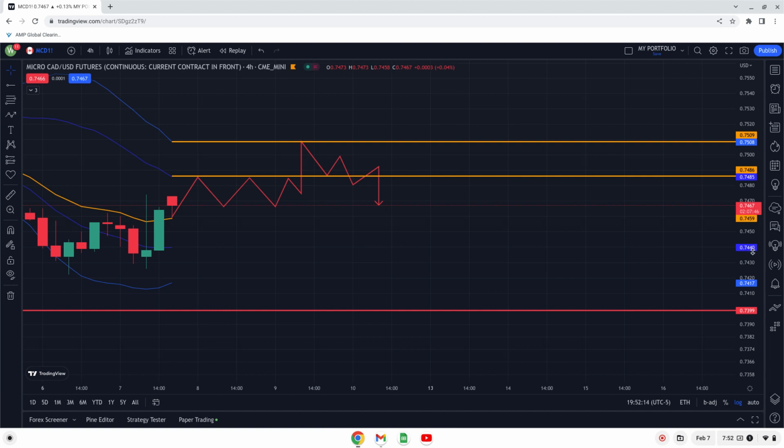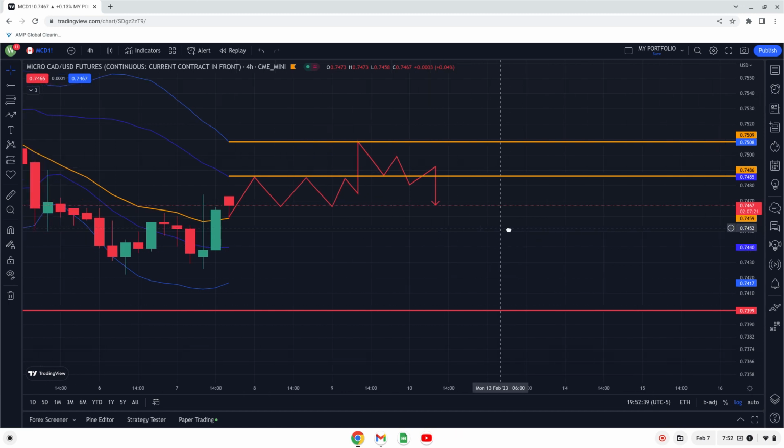I wanted to make it simple for everybody, so everybody didn't have to take their mouse over here and try to find where should I get in if I'm on the Bollinger Band or if I'm on the moving average line. I wanted you to already have the numbers there for you without you looking for it. So that's pretty much the best way of trading.